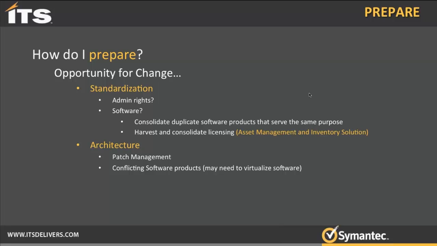What software do we have out there that's duplicated? Maybe we're using WinZip on these machines, and we're using 7-zip on these machines. What standardization can we do to maybe make all of the images the same, and have our software all standardized across the board?